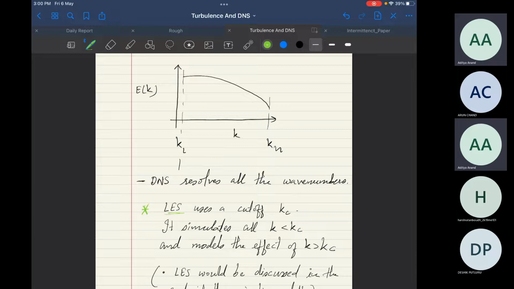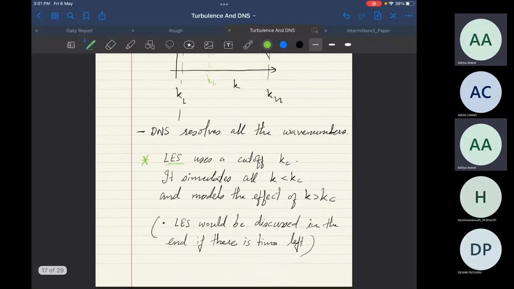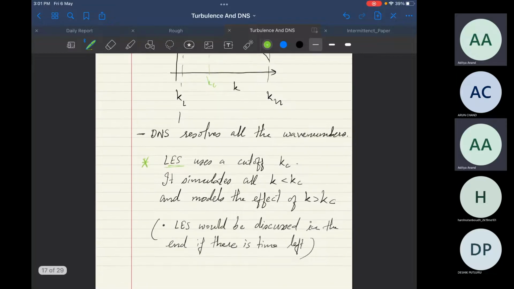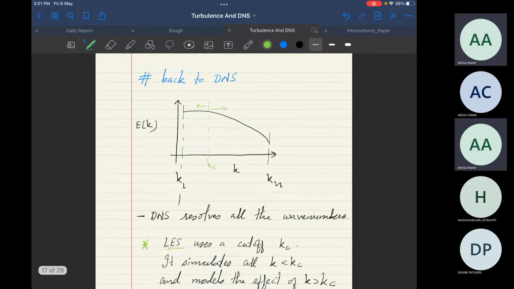That is why it is called so. It uses a cutoff wave number KC and simulates only wave numbers smaller than KC. So it simulates only wave numbers smaller than this and models all the wave numbers larger than this. If we have time, we'll discuss a little bit.